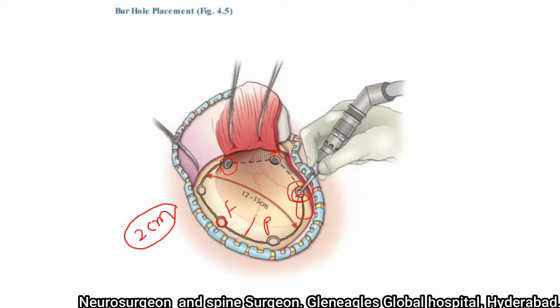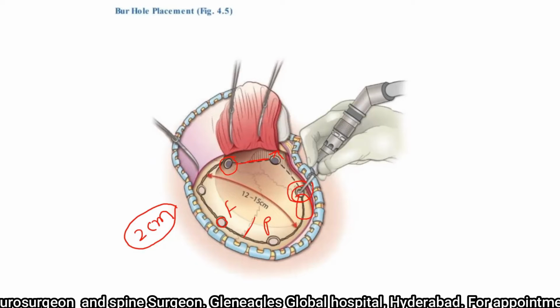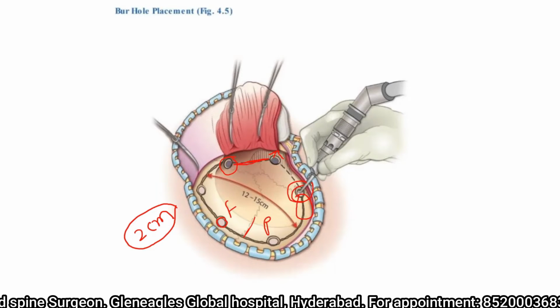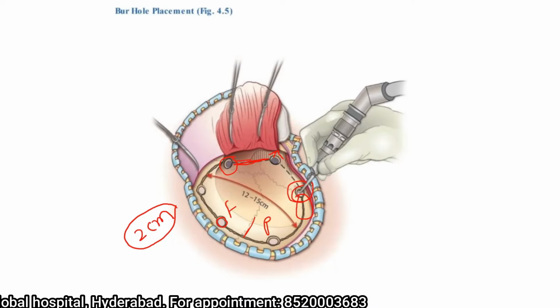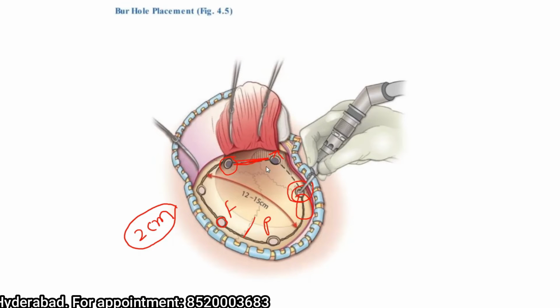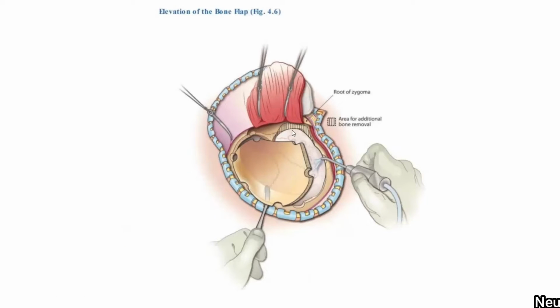At the sphenoid ridge, I drill with a burr to make it papery thin. Once I have placed the burr holes, I use a craniotome to complete the cuts. So I have completed the cuts.